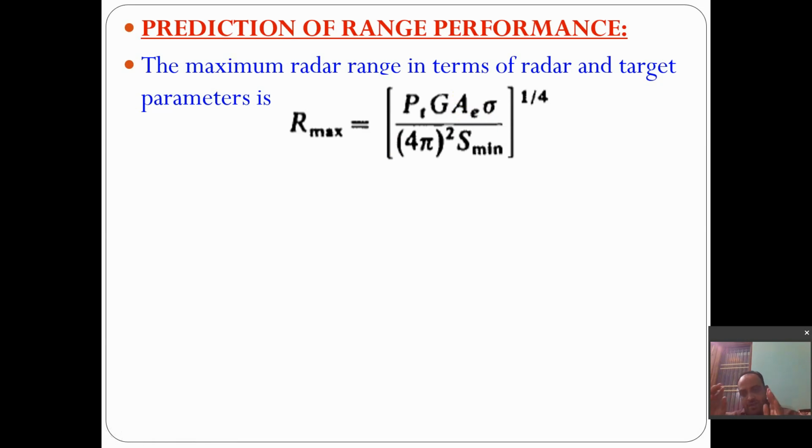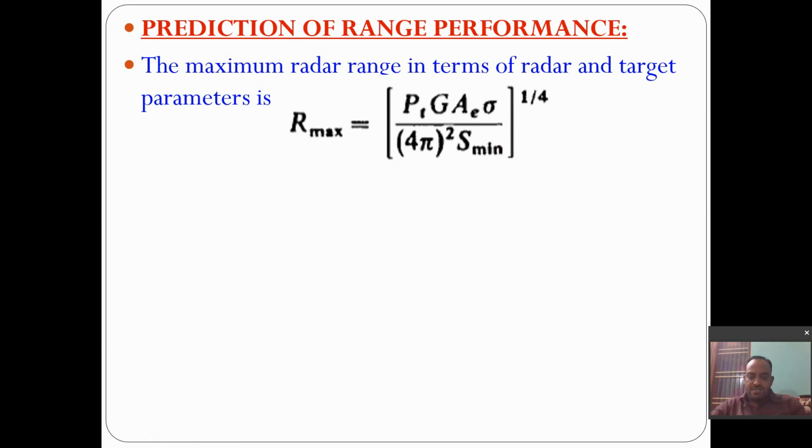If the received echo is stronger, then detection of the target is easier. So that is the third condition. Now coming to the fourth condition, the radar system must be sensitive to even the very weakest signal. If all these four conditions are satisfied, then the radar's range performance will be excellent.